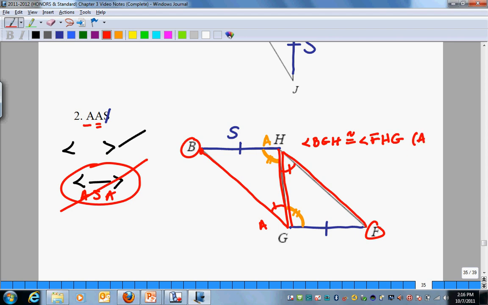That gives us a pair of angles. And then these angles, we can say angle B, H, G is congruent to angle FGH.